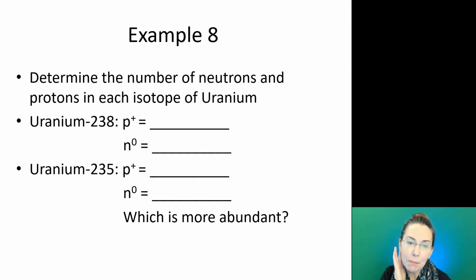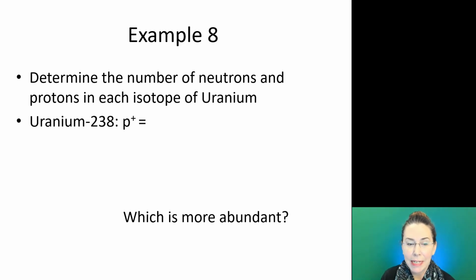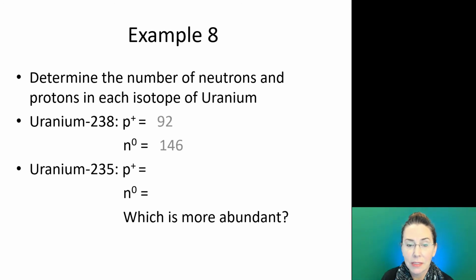So let's do some problems with some isotopes. I want you to determine the number of neutrons and protons in each of these 2 isotopes of uranium. Uranium is symbol U on the periodic table. Let's start with uranium-238. Uranium-238 would have 92 protons and 146 neutrons.